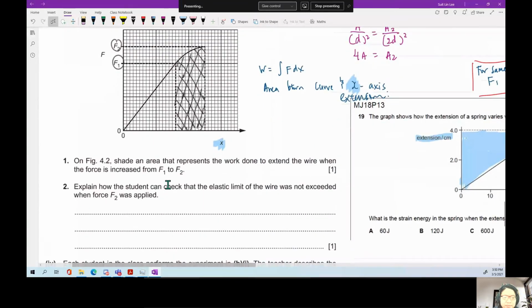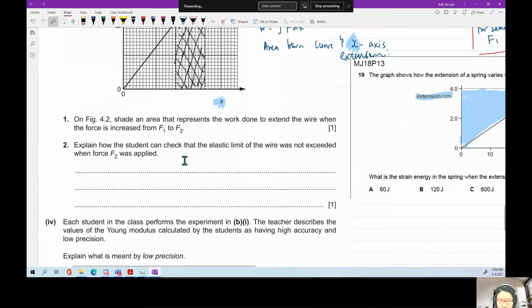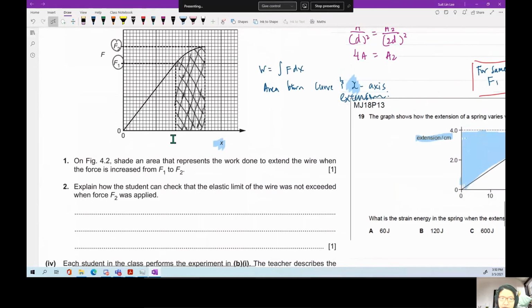Okay, next. Explain how the student can check that the elastic limit was not exceeded when F2 is applied. So the proportionality limit may already be exceeded. But elastic limit is when the material can return to the original length. So how do we know the material can return to original length? We remove the load and then we measure the final extension.